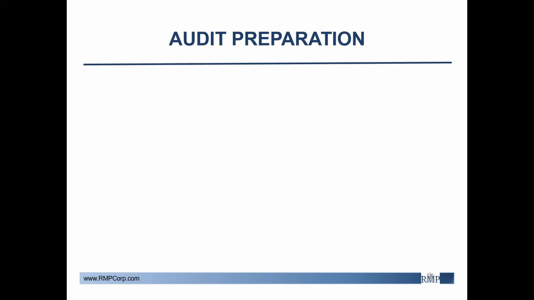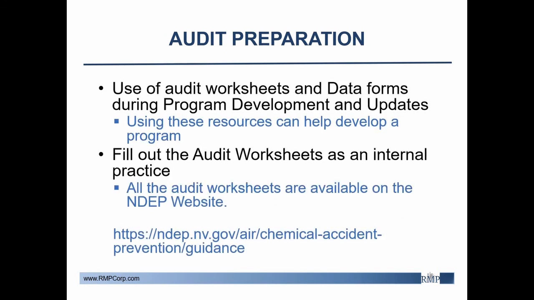So we generally make the following recommendations in preparation for an audit. The first one is to use the audit worksheets and data forms during program development and updates. These can be used to develop the program and are clearly defined expectations of what should be incorporated into the mechanical integrity program and can be used as a checklist when you're going through everything. Second is to fill out the audit worksheets as an internal practice.